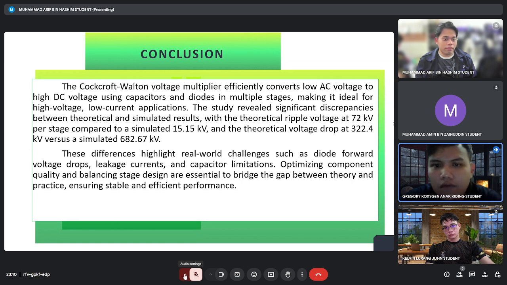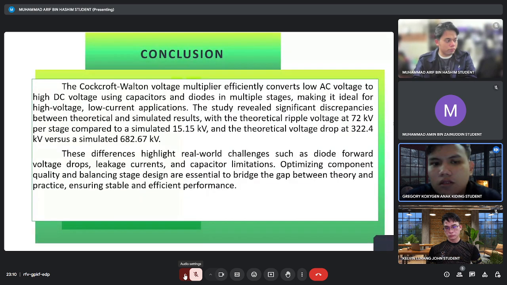So the study revealed significant unexpected differences between theoretical and simulated results, with the theoretical ripple voltage at 72 kilovolt per stage compared to the simulated 15.15 kilovolt, and the theoretical voltage drop at 322.4 kilovolt versus simulated 682.67 kilovolt.